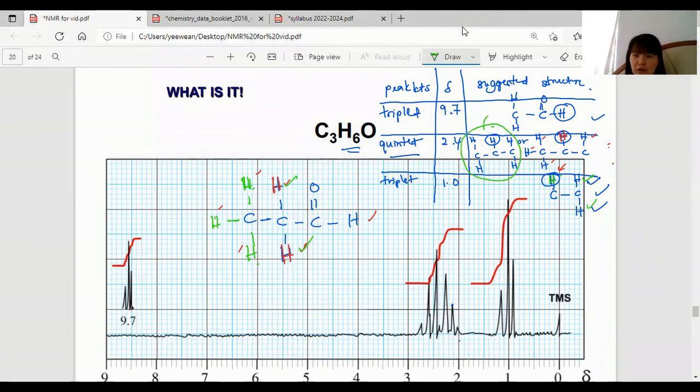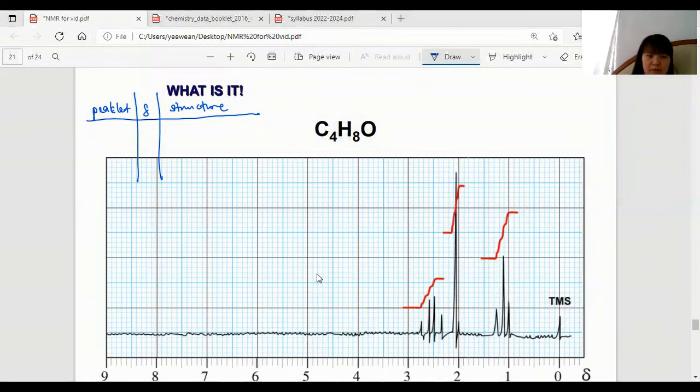This one could not overlap. This proton has 2 neighbors on the left and 2 neighbors on the right, but this can only have 1 proton neighbor here, and there's only 3 carbons. So there's nowhere to put this structure. So I chose this one because it fits into my puzzle.